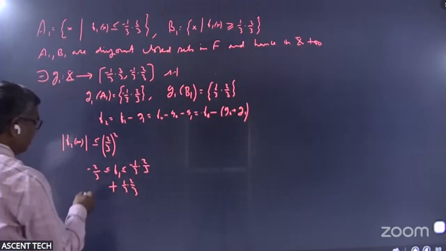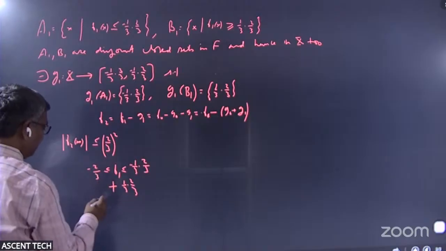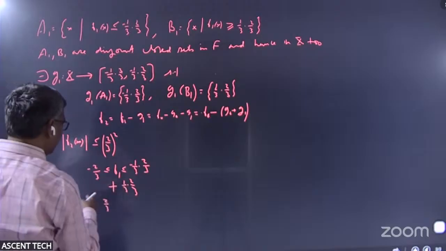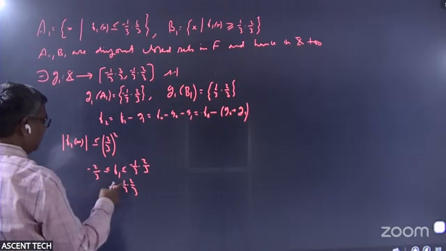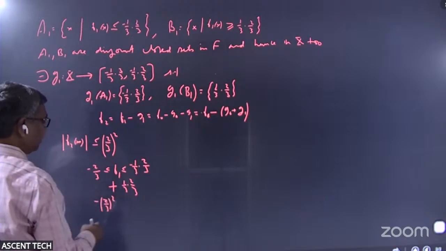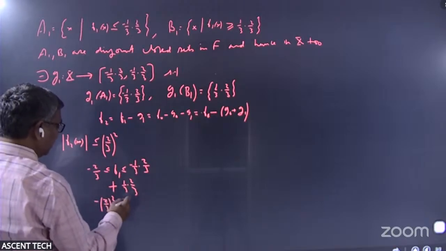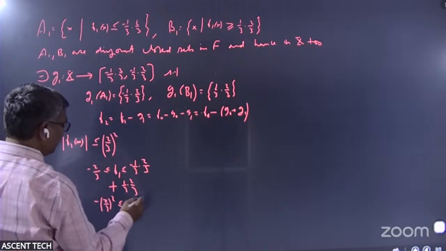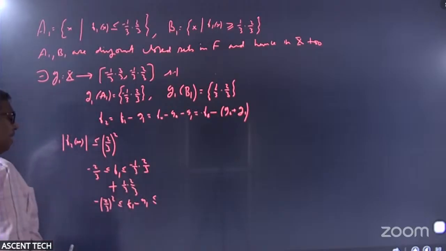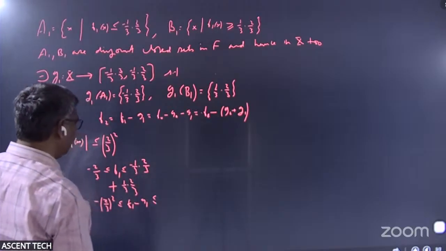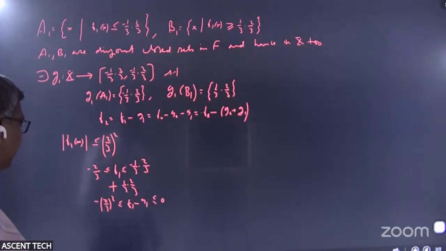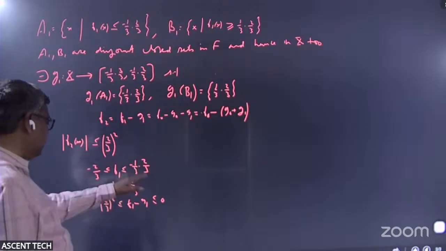The minimum value is minus 2/3 squared, and on the other side, F1 minus G1 is less than or equal to 0.